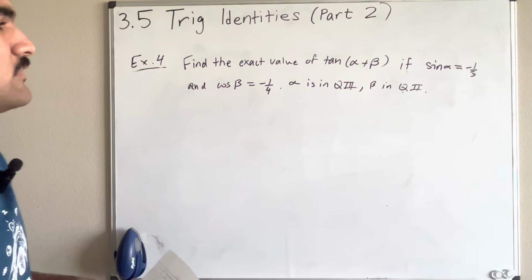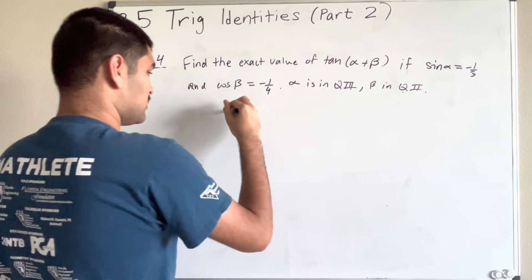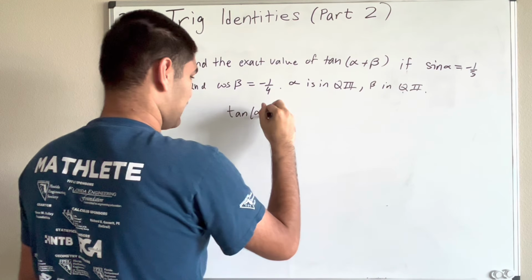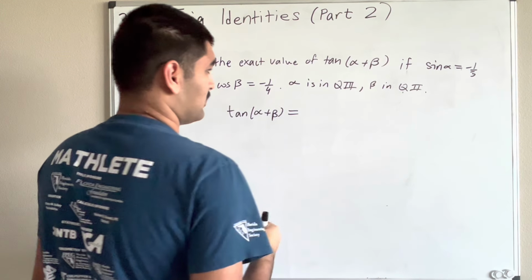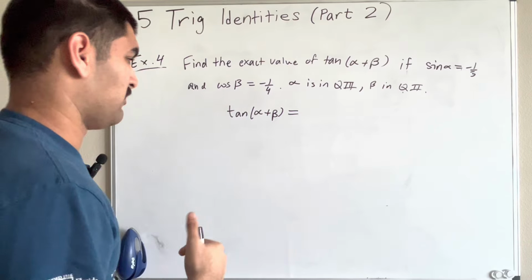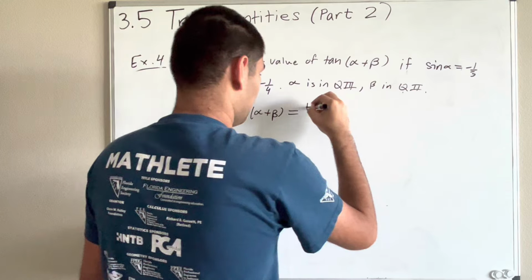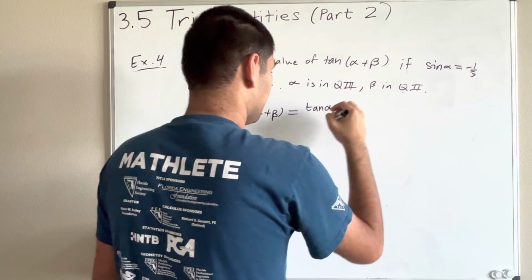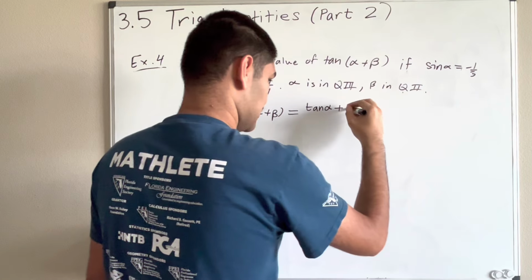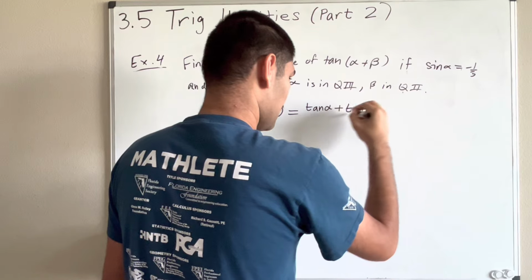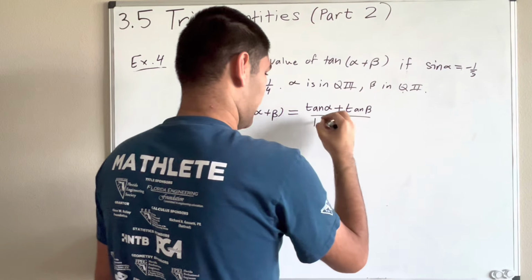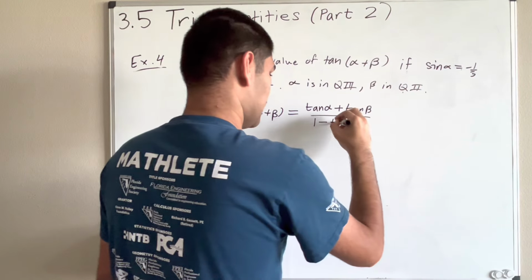So, okay. First, again, we have to write out our identity to see what we're missing, right? What extra information do we need? So tangent of alpha plus beta is equal to tangent of alpha plus, because same sign, tangent beta. And then this is the opposite sign, so 1 minus tangent alpha tangent beta.